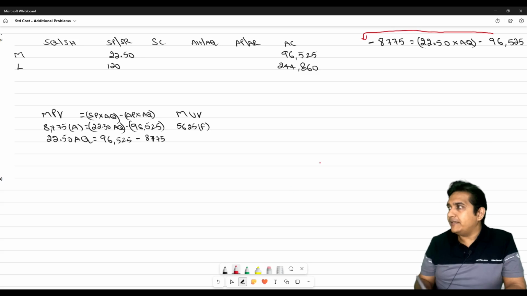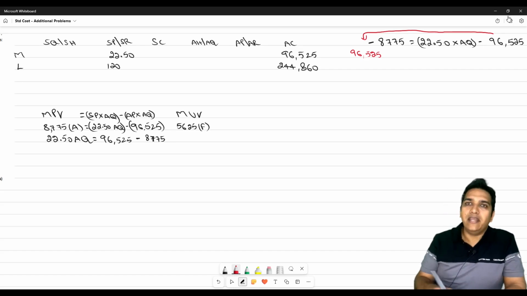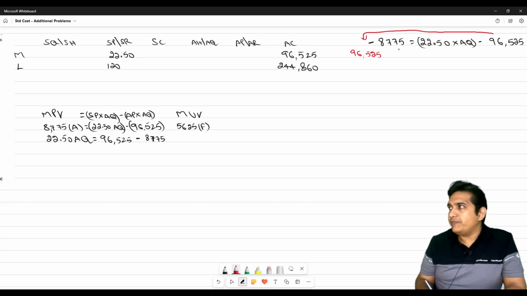So what do we get? Let me use red. I'll get 96,525. Since it is negative on the right hand side, when we take it to the left hand side, it becomes positive. This negative remains as it is, minus 8775, which is equal to 22.50 AQ, right?